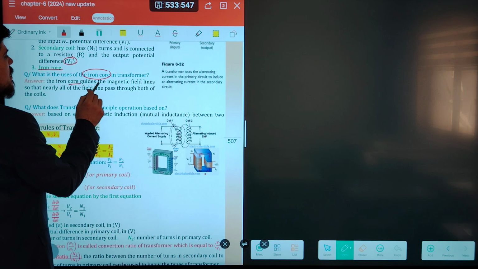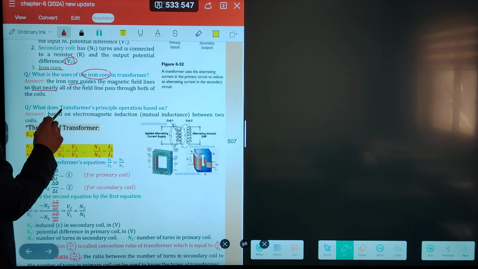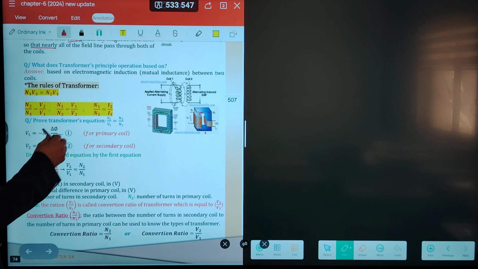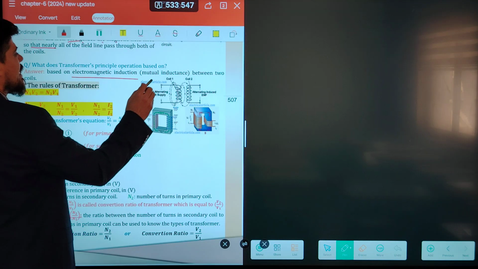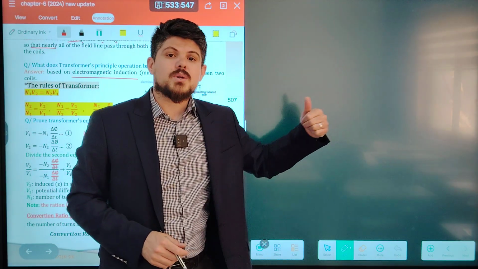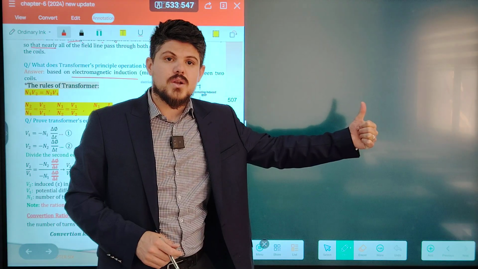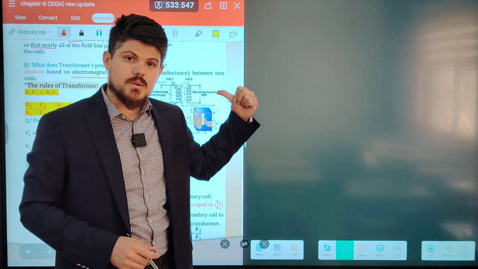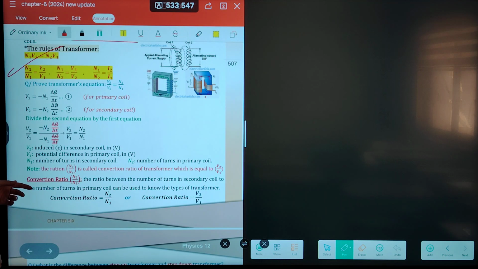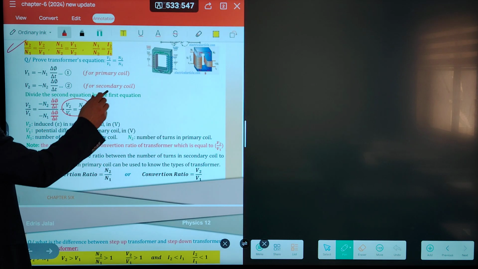The iron core guides the magnetic field lines so that nearly all of the field lines pass through the coils. What is the transformer's principle of operation based on? Electromagnetic induction. Why? Because in a transformer, the current and potential difference are induced in the secondary coil by the changing flux in the primary coil. So these are the equations of the transformer. I proved this equation now.